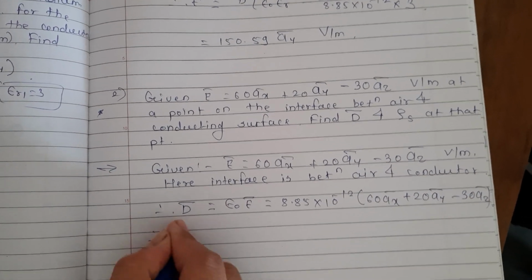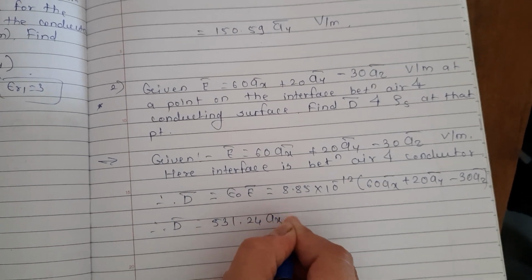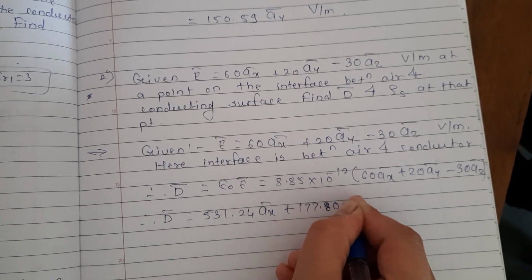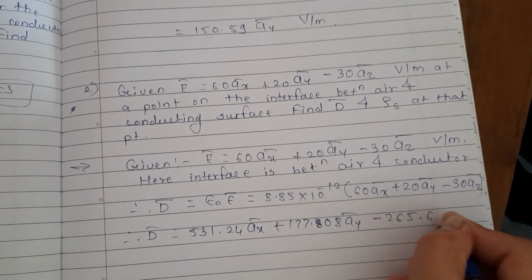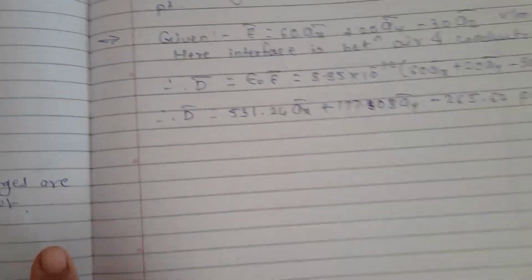So D bar is equal to 531.24 ax bar plus 177.08 ay bar minus 265.62 az bar, in picocoulomb per meter square.